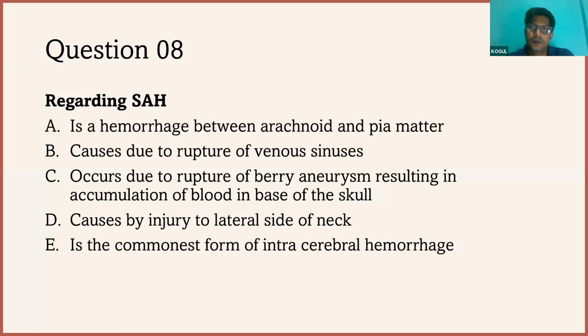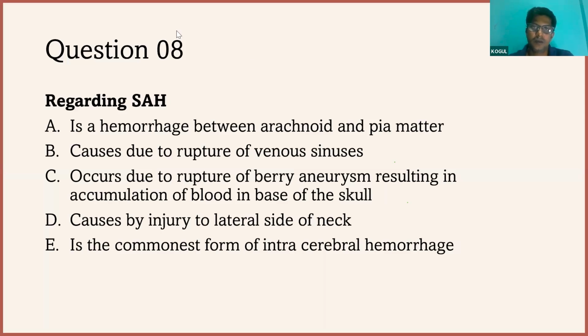Yes, false. Because venous sinus, as you all know, only produces EDH. The outer layer of the venous sinus is formed by dura; if the outer layer is ruptured, you will get EDH. If the inner layer is ruptured, you will get SDH. You don't get SAH. So that is false.